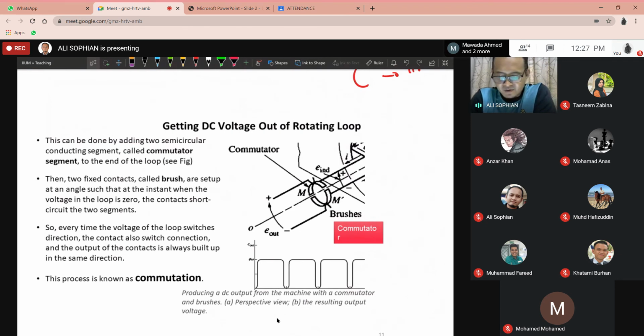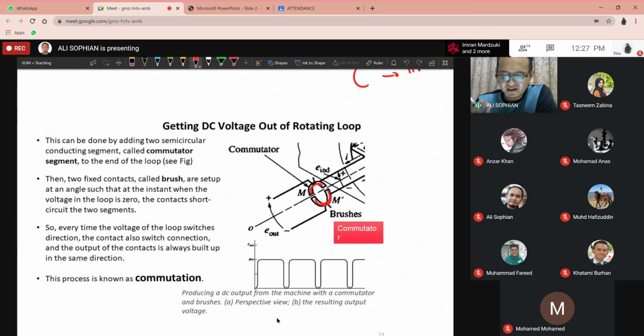So what is this commutation mechanism? First, you've got these two semicircular conducting segments called commutator segments. You've got two of them. Each of the segments is connected to an end of the loop. Remember the loop has got two ends.